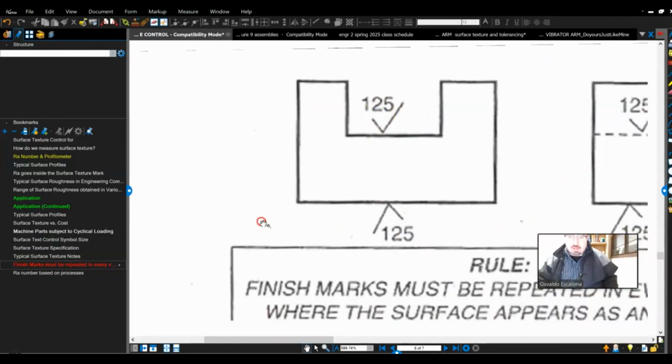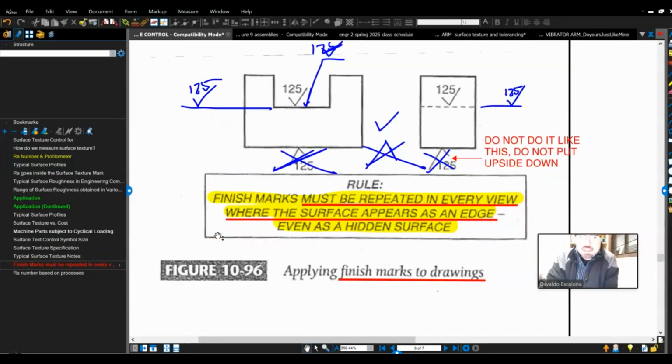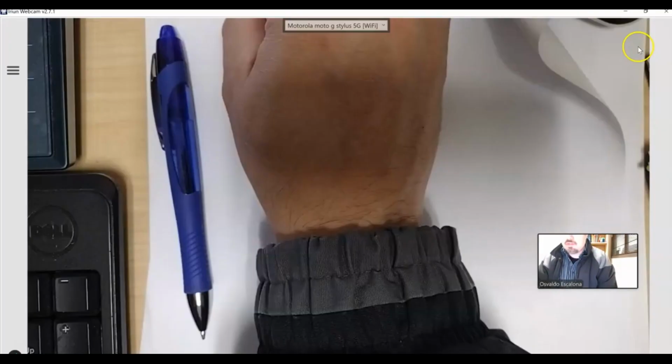Now, the most important note. Let's read it and then we'll understand. Finish marks must be repeated in every view wherever a surface appears as an edge, even as hidden surfaces. Let's imagine something. Hopefully it makes sense if I explain it differently.